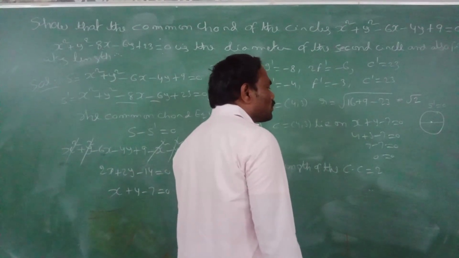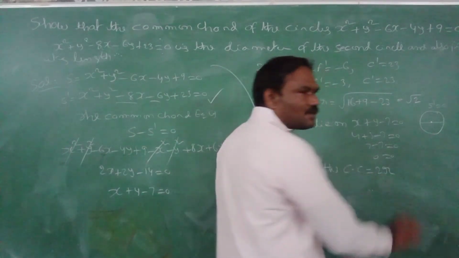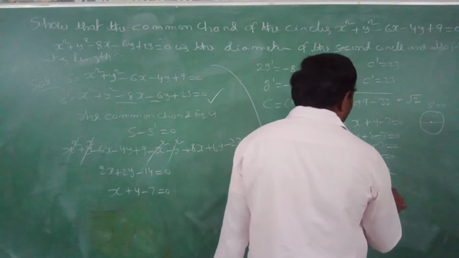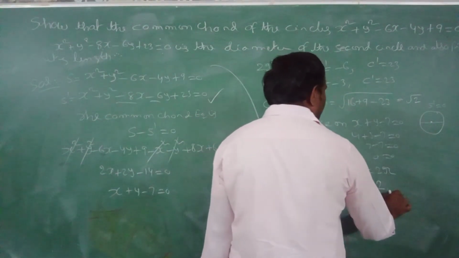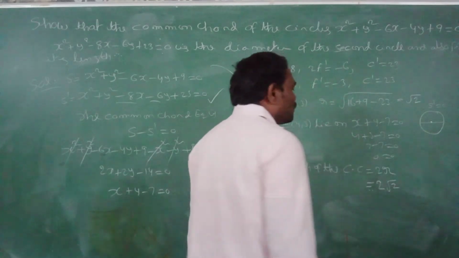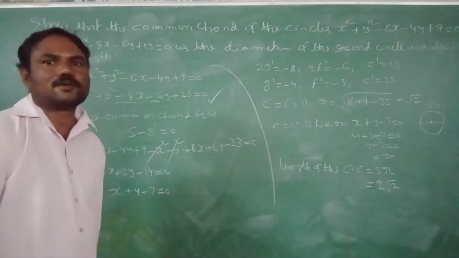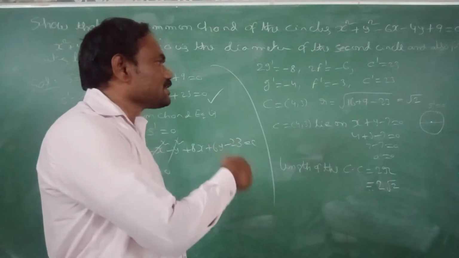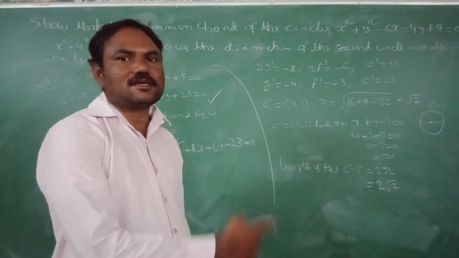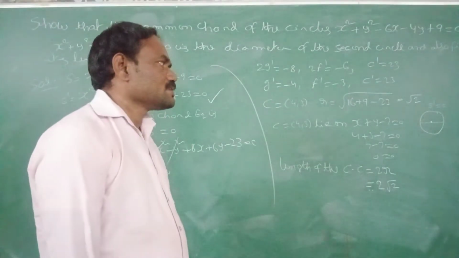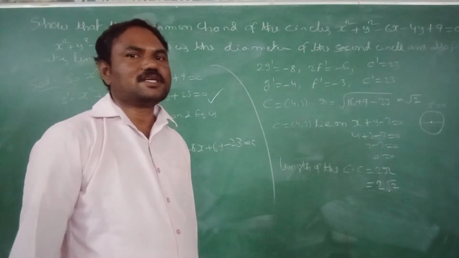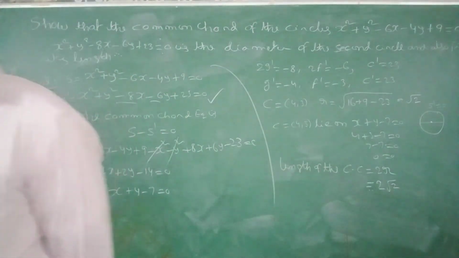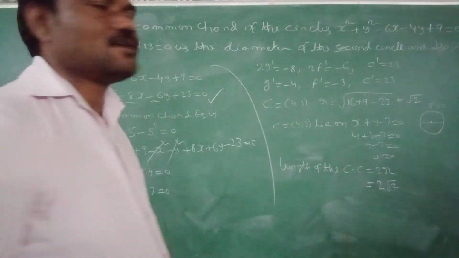Diameter is equal to 2 into radius, which is 2 root 2. 2 root 2 is the length of the common chord. Particularly in this problem, the length of the common chord is equal to the diameter of the second circle. So we solve another problem.